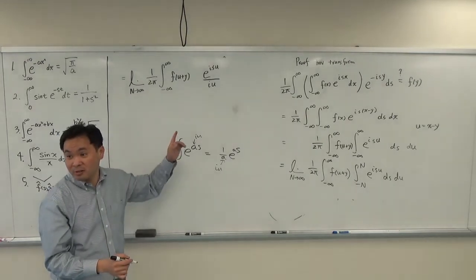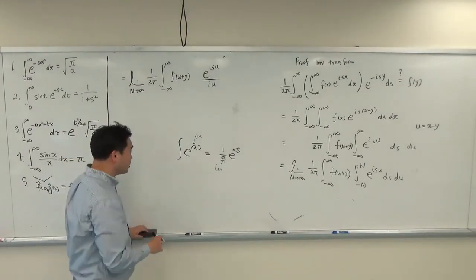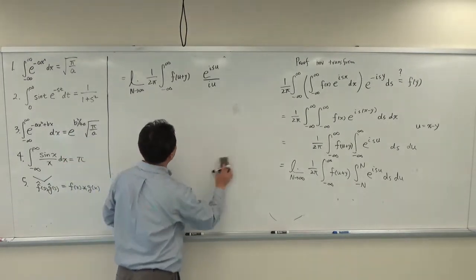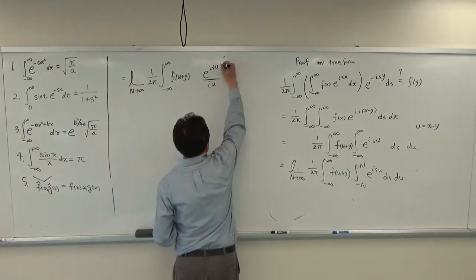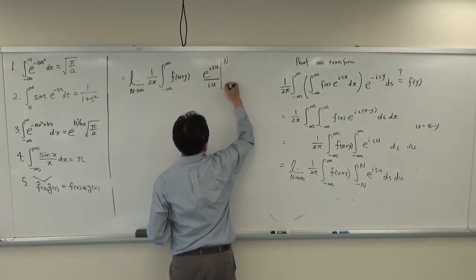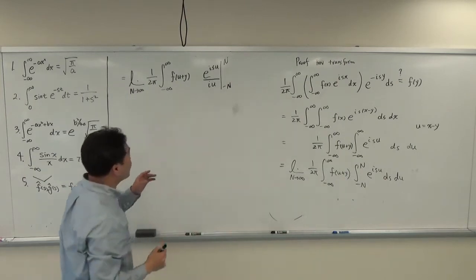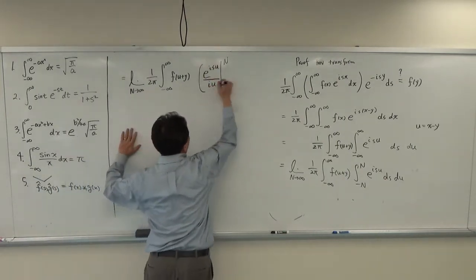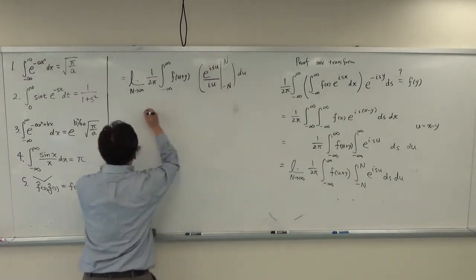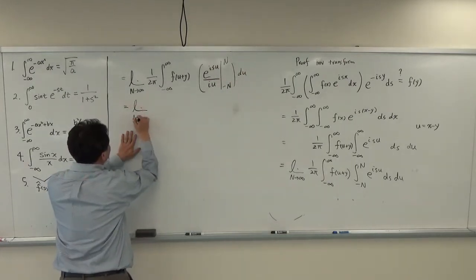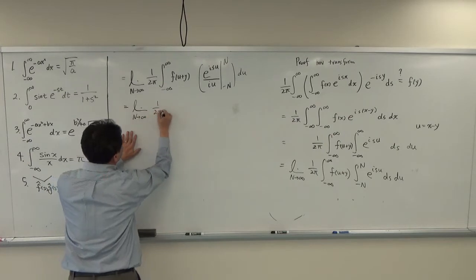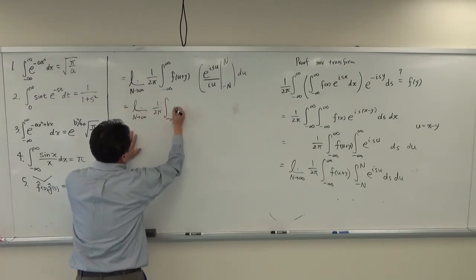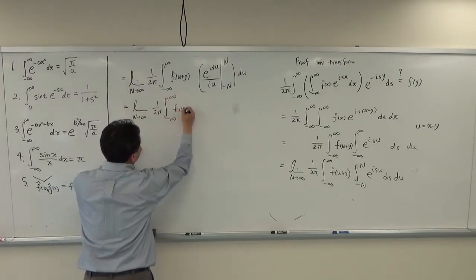Is it good? Are you following me? All right. Hopefully, this isn't too boring. Okay, and then you have n and negative n. So what are we getting? Well, we still have to integrate by du. F of u plus y.